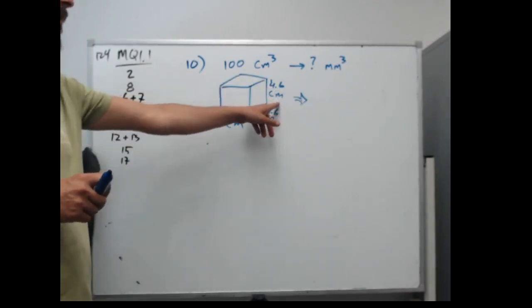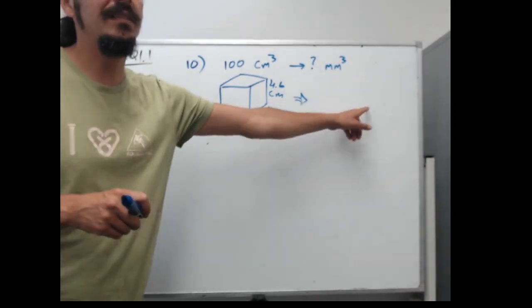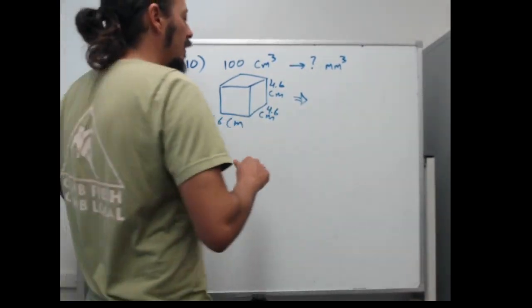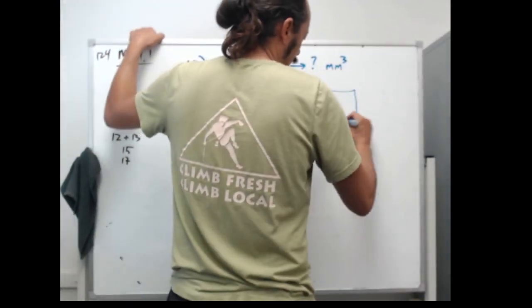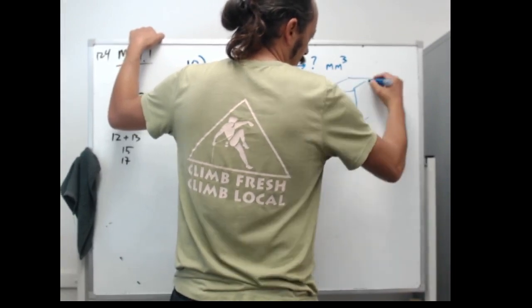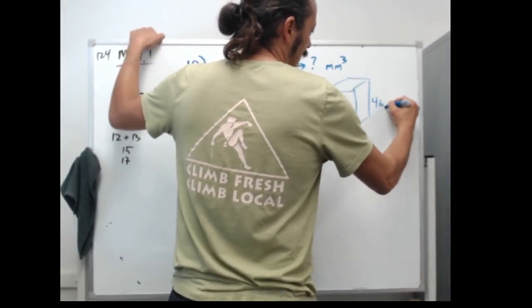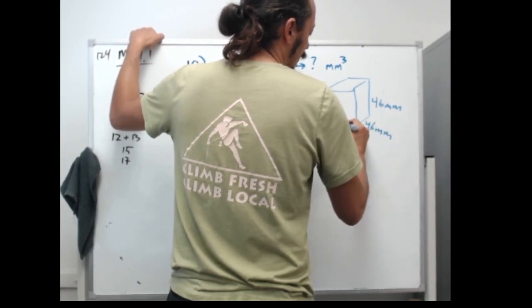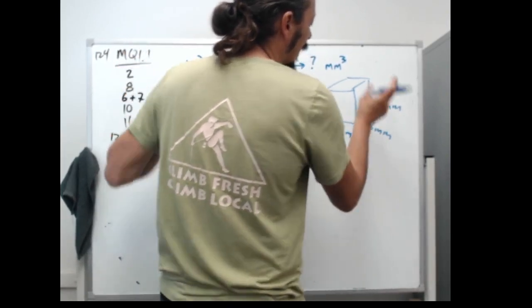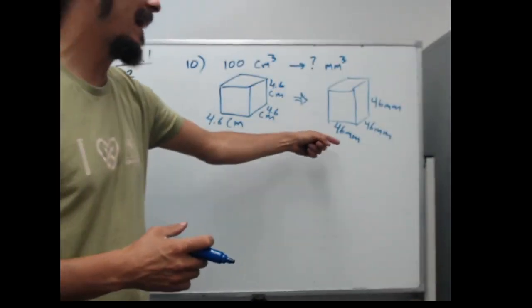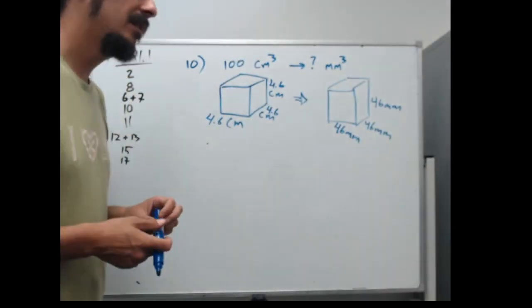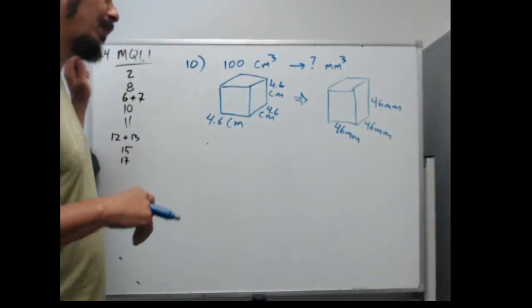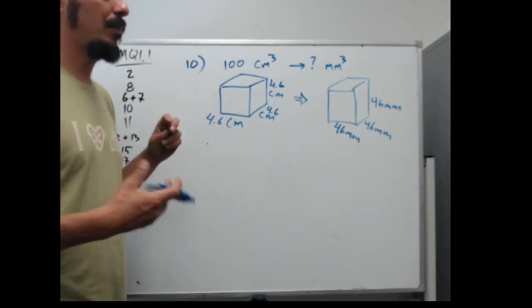So if I had 4.6 centimeters, that would be 46 millimeters on each side. So my cube becomes 46 millimeters, 46 millimeters, 46 millimeters, where I've rounded a little bit, but you can see it's a factor of 10 three times. And now I multiply those all together, and that should get me my proper volume.